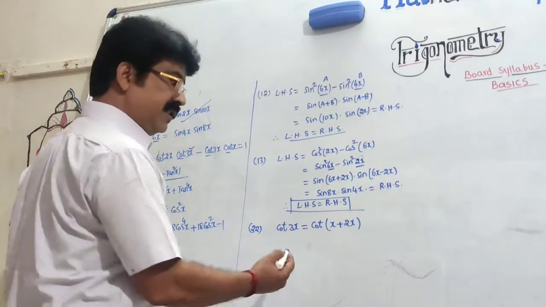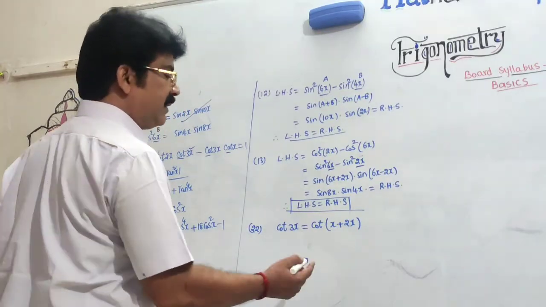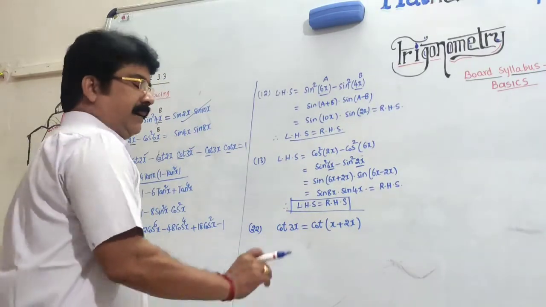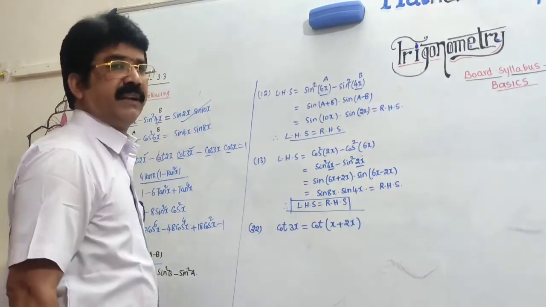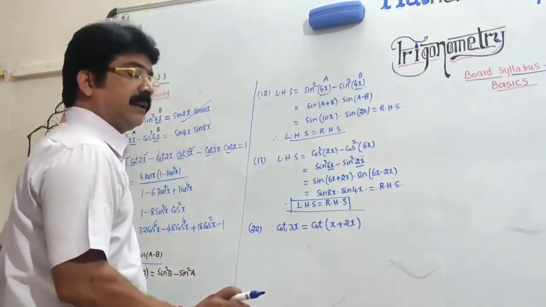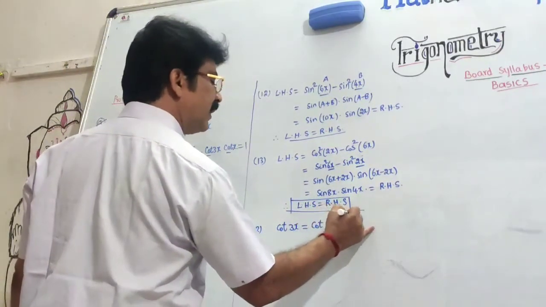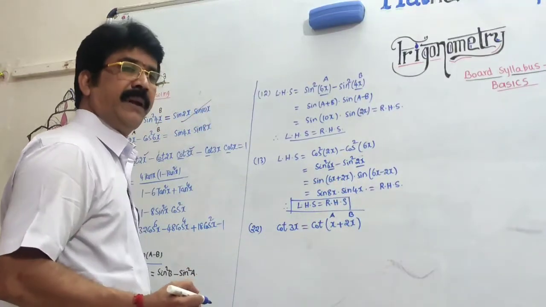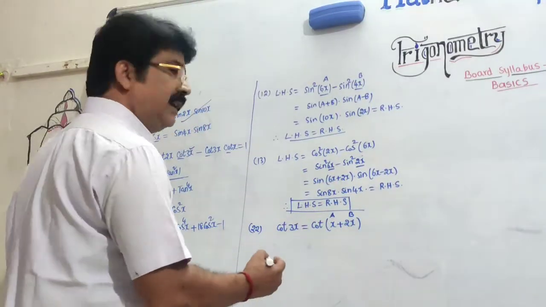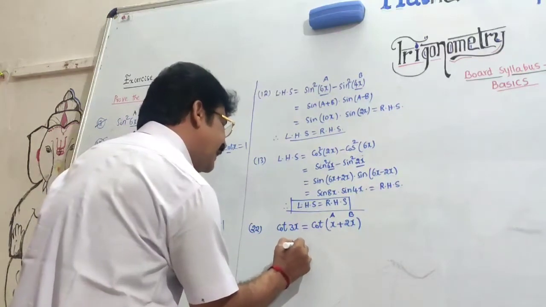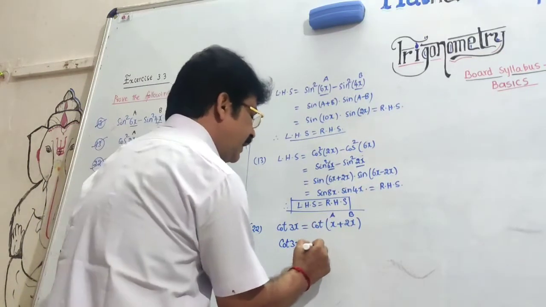Now, from this equation, we are getting all the terms x, 2x, 3x. That's why our consideration should be cot 3x. And thus it is cot of x plus 2x. Later, we can apply the cot of a plus b formula. So cot 3x equal to cot of a plus b.